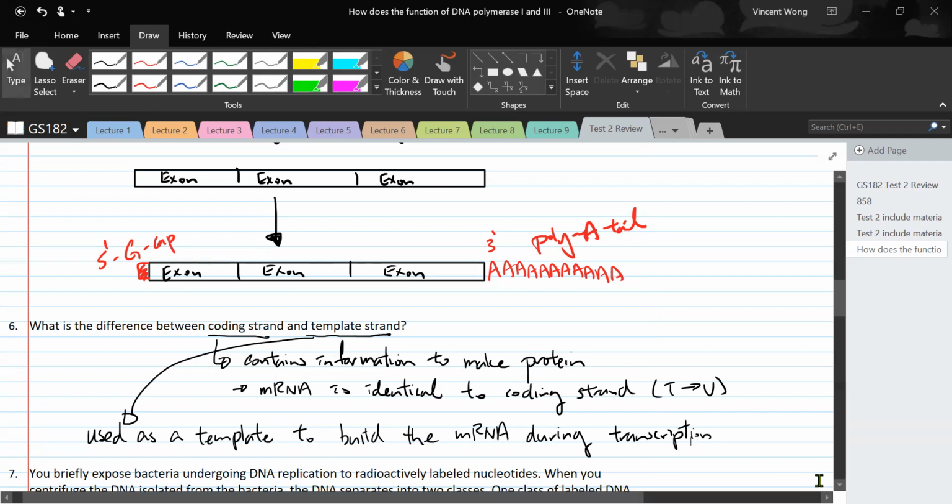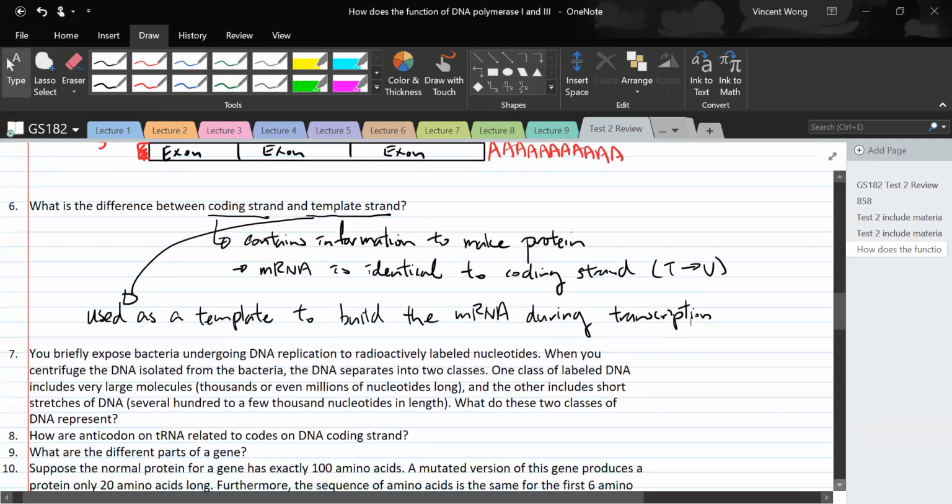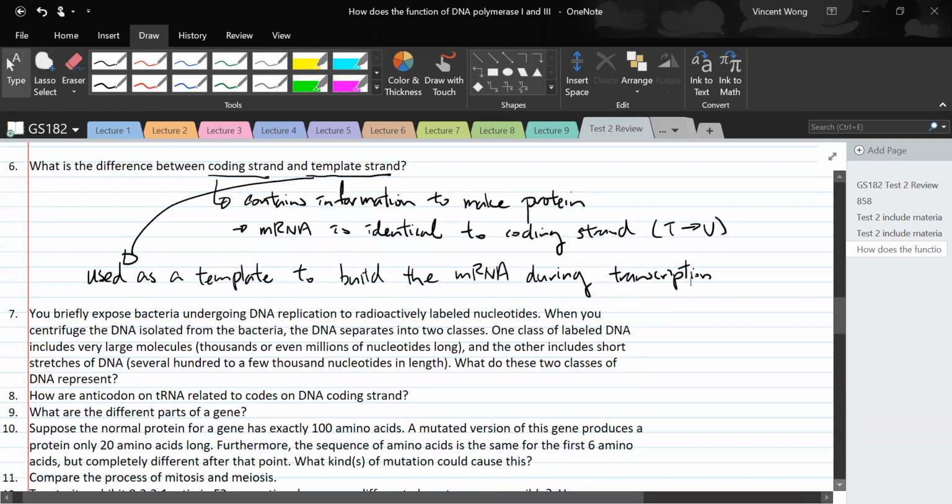Okay. You won't be able to tell which one is coding, which one is template just by looking at it, right? Like the question will have to give you that information.